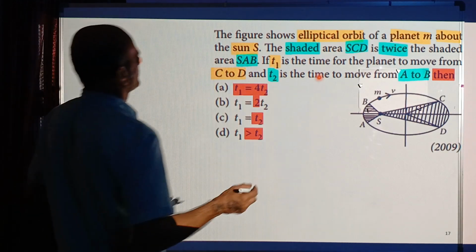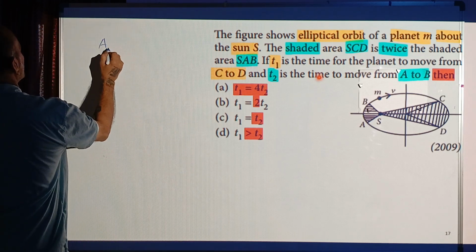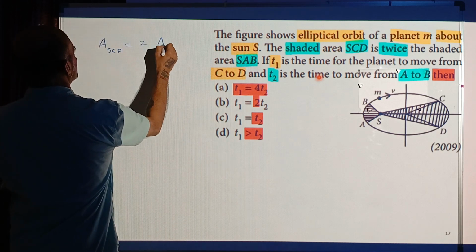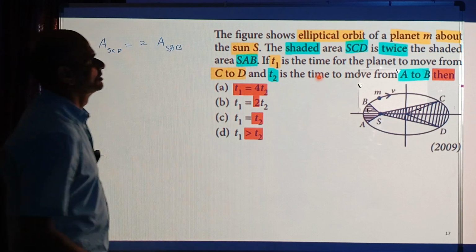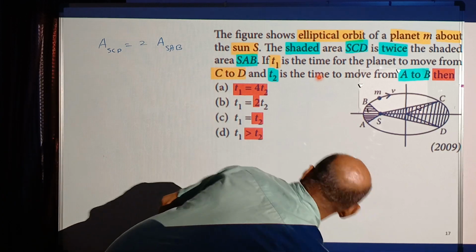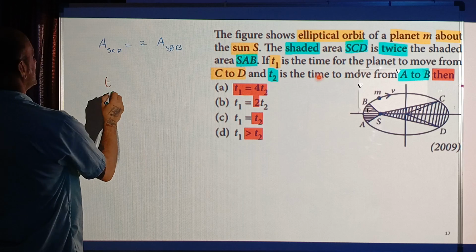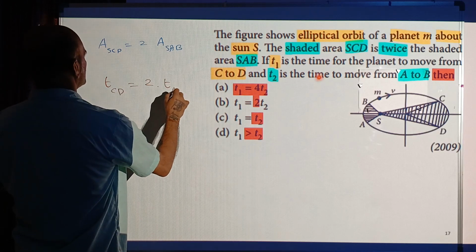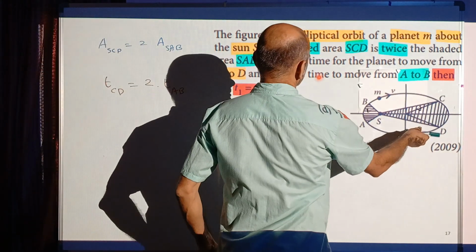So this area SCD is twice the area SAB. If the area swept is more, the amount of time is more. So the time to go from C to D will be twice the time to go from A to B. Because if the time was equal from here to here, the area should be equal.